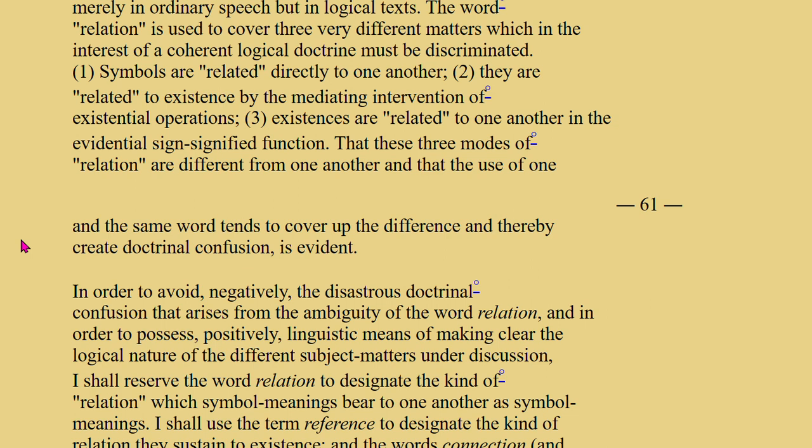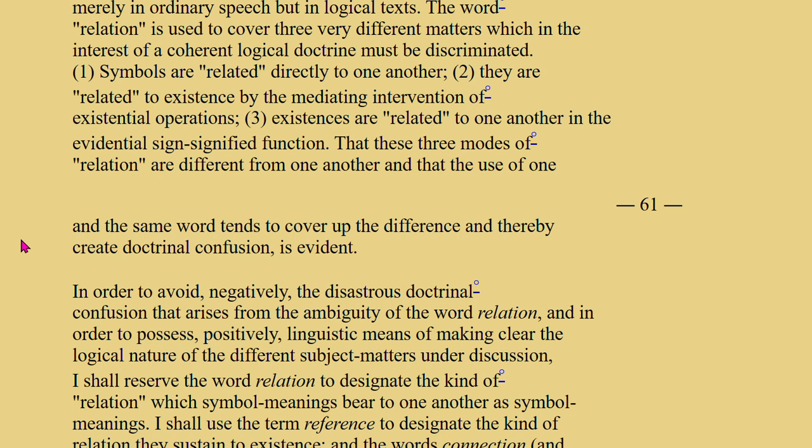For example, the philosopher F.H. Bradley wrote a lot about relations, and it's not always clear. He seems to slide back and forth between thinking about terms as related to each other and things in the world as related to each other. And it's not always clear what he's talking about, or if he's talking about them in the same way or in different ways, and it gets very, very confusing.